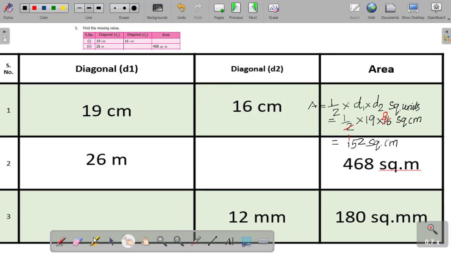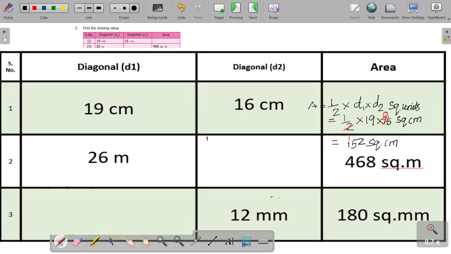Look at the next sum. Diagonal D1 is given and area is also given. So we have to find the other diagonal, D2. So let us take the formula half into D1 into D2 is equal to area. What is D1 here? 26. What is D2? We don't know, so put as it is. And what is the area here? 468. Therefore, keep the unknown value D2 on the left hand side.